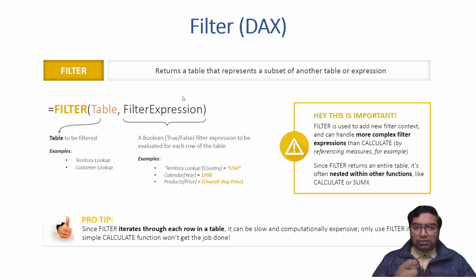It returns a table that represents a subset of another table, based on an expression. The FILTER syntax is very simple: you write FILTER in DAX and give the table name and the expression you want, which is what you want to filter. So that is the FILTER formula, right?